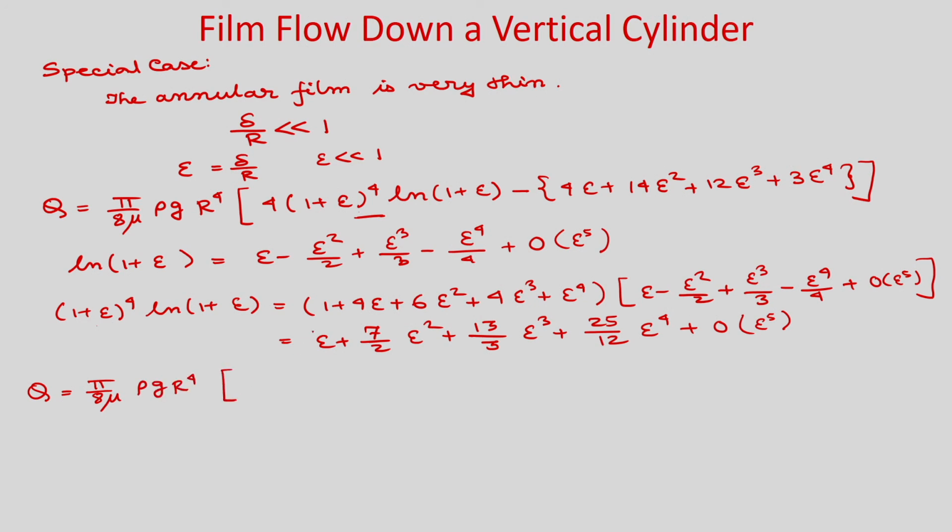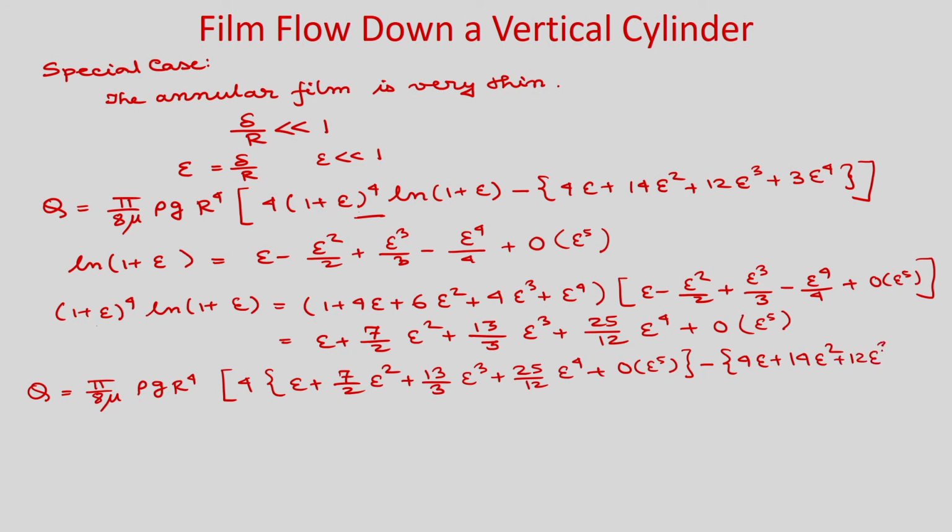So, you have to multiply with 4, epsilon plus 7 by 2 epsilon^2 plus 13 by 3 epsilon^3 plus 25 by 12 epsilon^4 plus order of epsilon^5, and this term minus 4 epsilon plus 14 epsilon^2 plus 12 epsilon^3 plus 3 epsilon^4. So, this is the term.